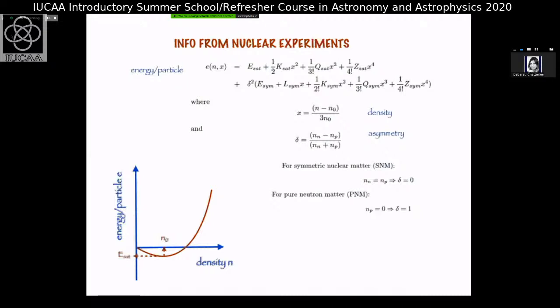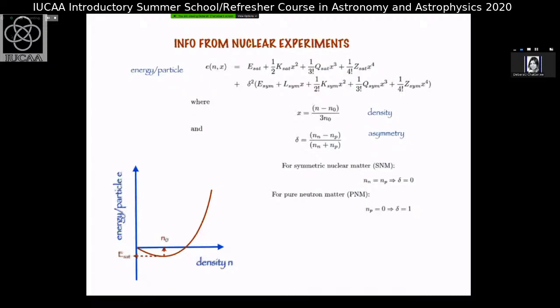Now, this asymmetry coefficient delta is the difference between n_n and n_p divided by the total baryon number density. So for symmetric nuclear matter, n_n and n_p are equal. We have an equal number of neutrons and protons, so delta becomes 0.